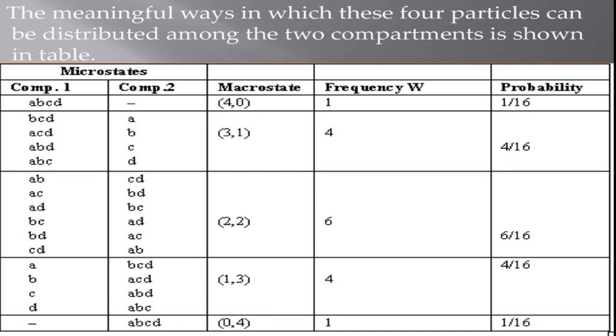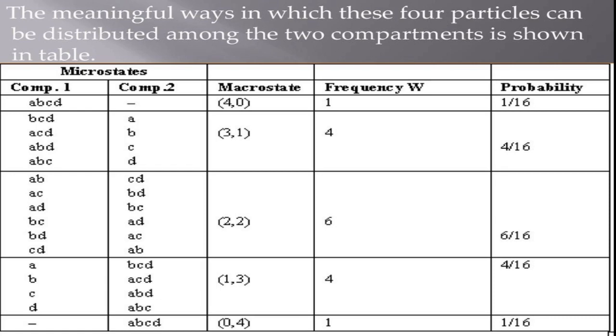The first possible arrangement is that all four particles A, B, C and D lie in compartment 1, keeping compartment 2 empty, and this distinct arrangement gives a macrostate 4,0. The second possible arrangement, as shown in the image, is three particles lying in compartment 1 and one particle lying in compartment 2. The particles B, C and D are in compartment 1 and the particle A is in compartment 2.